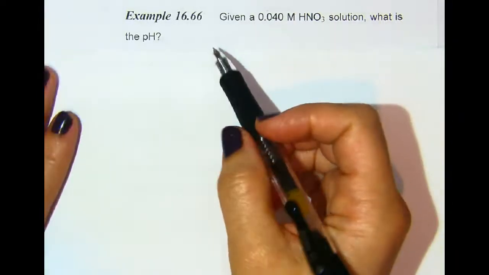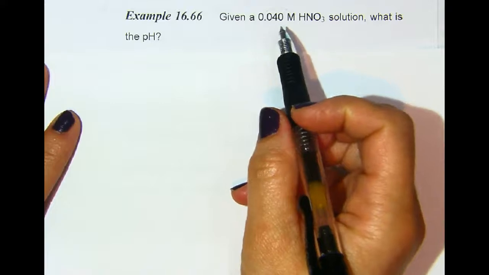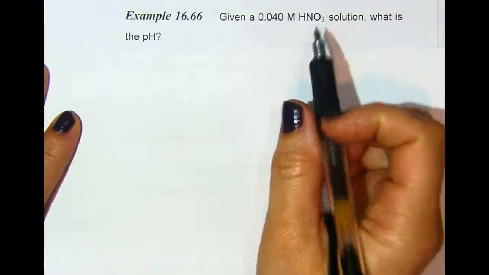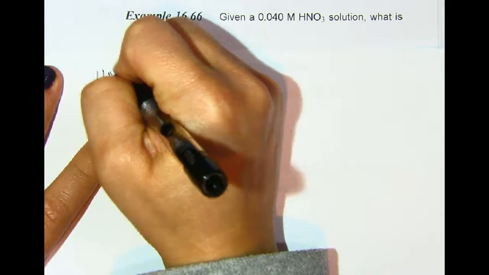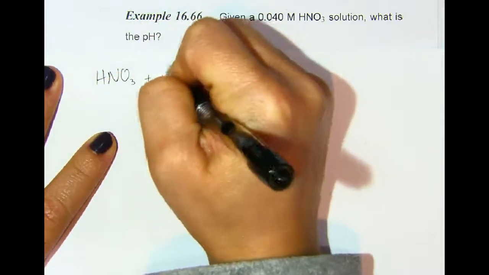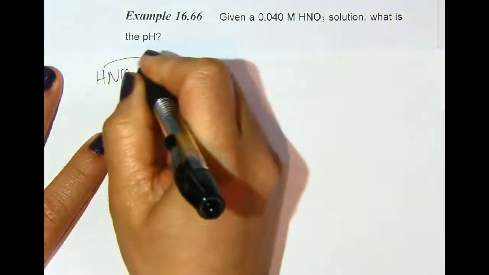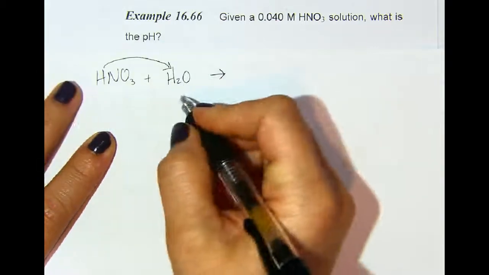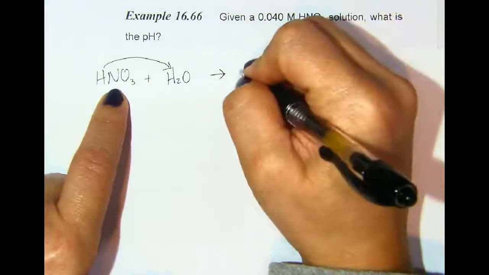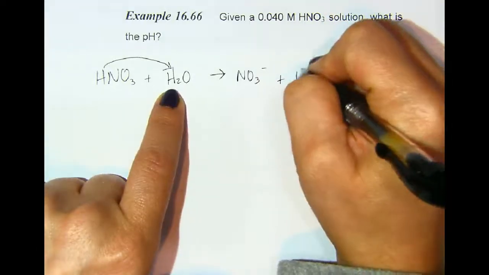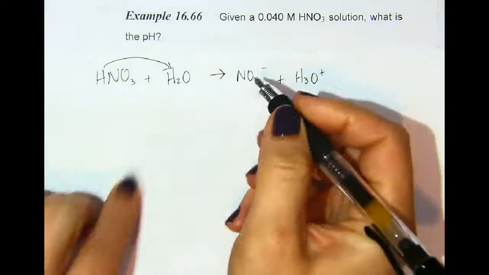Example 16.66. Given a 0.040 molar nitric acid solution, what is the pH? So we assume that when nitric acid is placed in water, we're going to have a transfer of hydrogen from the acid to the water, which is going to leave us with NO3-, and this is going to become hydronium.